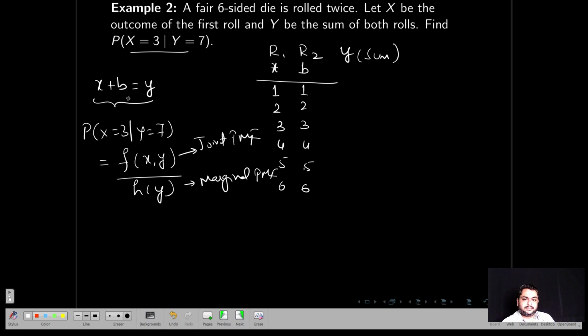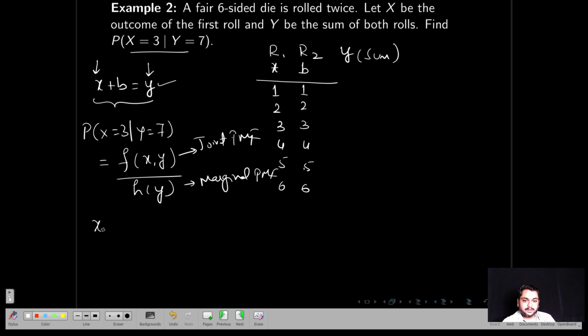They are saying this is the value, and they have also given you these values. Just check here how to solve this. Now, y is already fixed, and for this 3, they are asking what is the probability, that is, the conditional probability given y equal to 7. How will you find this?